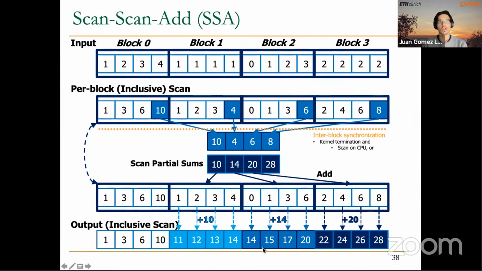And remember that we need to synchronize different blocks between stages, so we need to use this inter-block synchronization. Normally, these are 3 different kernels. After the first kernel, we terminate the kernel. Then we have a second kernel, we calculate the scan of partial sums, we synchronize again, and then we have the third kernel, the add kernel, right?